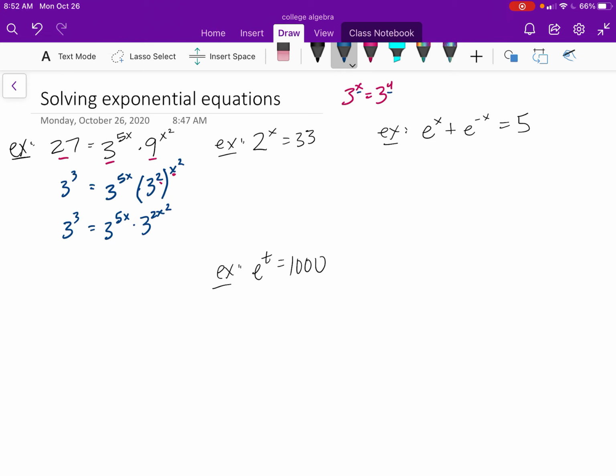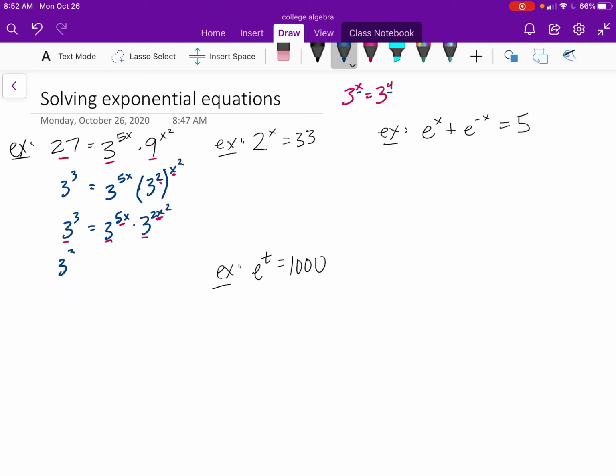Now when we multiply and they have the same base, right? We couldn't do anything in line 1 because the bases were different. But once all the bases are identical, when we multiply, we add these exponents. If you divide, you subtract, right? We're just using the properties of exponents.